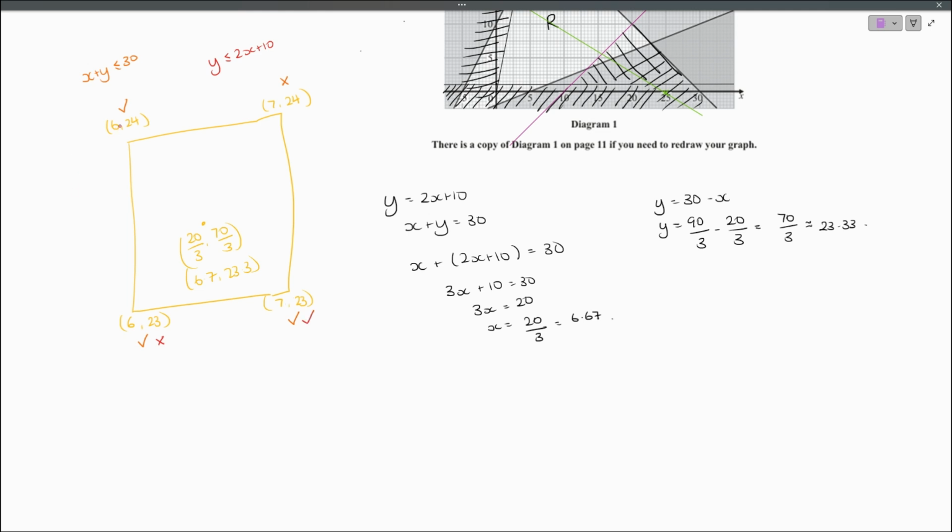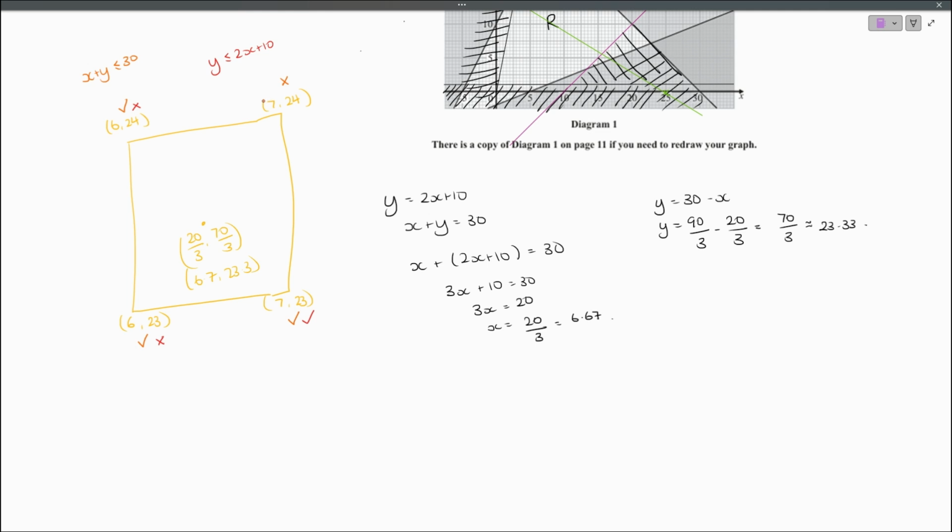And finally, (6, 24). Well, we've made y bigger than (6, 23), and we've not changed x. So y is definitely not going to be smaller in this case. Finally, (7, 24). I am going to consider it despite us ruling it out before, just to see whether it works. If we multiply the x coordinate by 2, we're going to get 14.